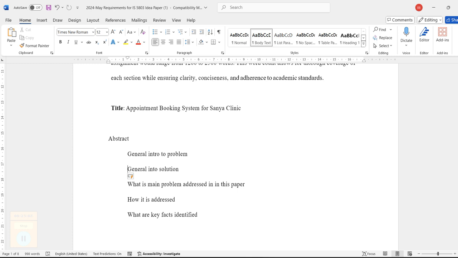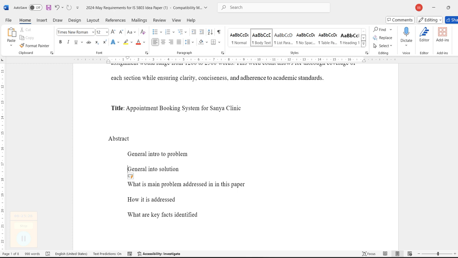Because of implementing an appointment system, it is possible to create time frames which will help the organization allocate time to customers, and the customers can own their time and get the best quality of service. So this is generic information about our problem and solution.